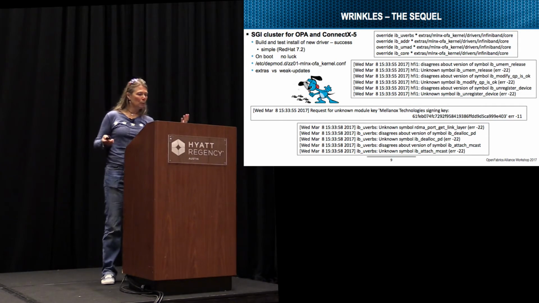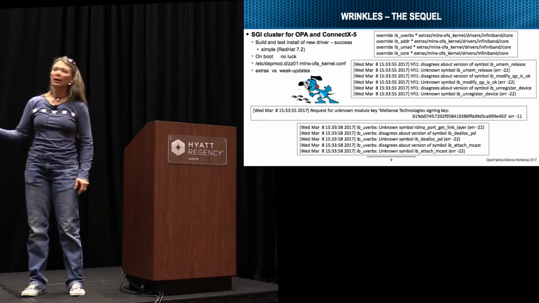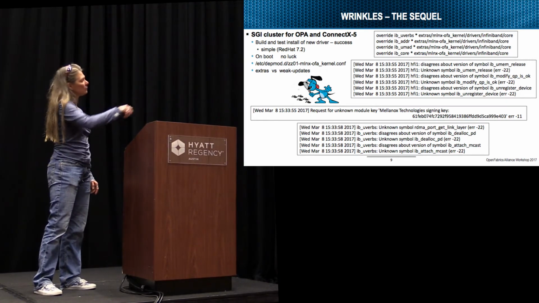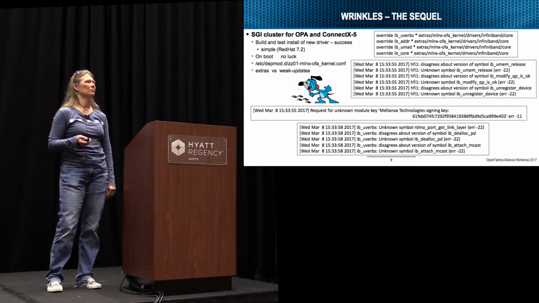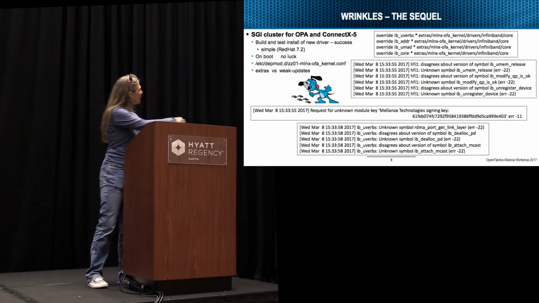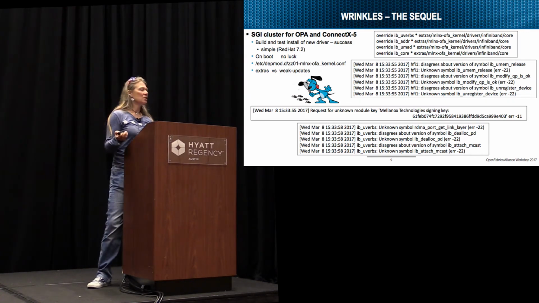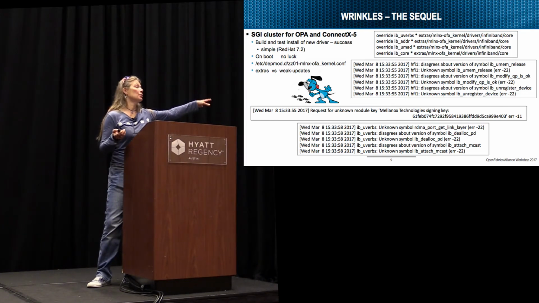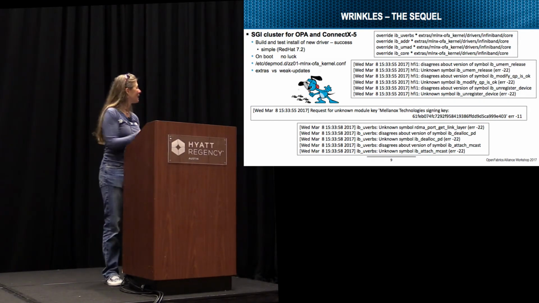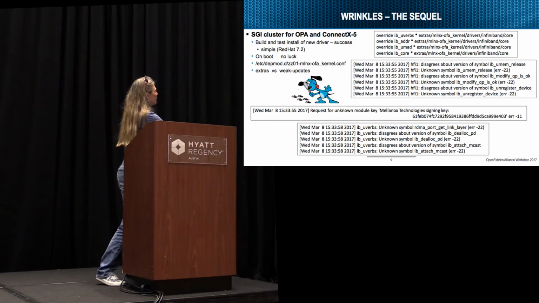But as you watched it boot, the first thing I saw was HFI disagreeing about some stuff. So I thought, I must have the new stuff, because HFI is unhappy. Then the next one I see is a key that it doesn't like. It's just a warning, but I never added the Mellanox OFED keys into our RPM database. So it's saying I just installed some stuff and I don't have the key. So it's doing the new stuff. Why isn't it there when it actually boots up? And again, this was another clue.